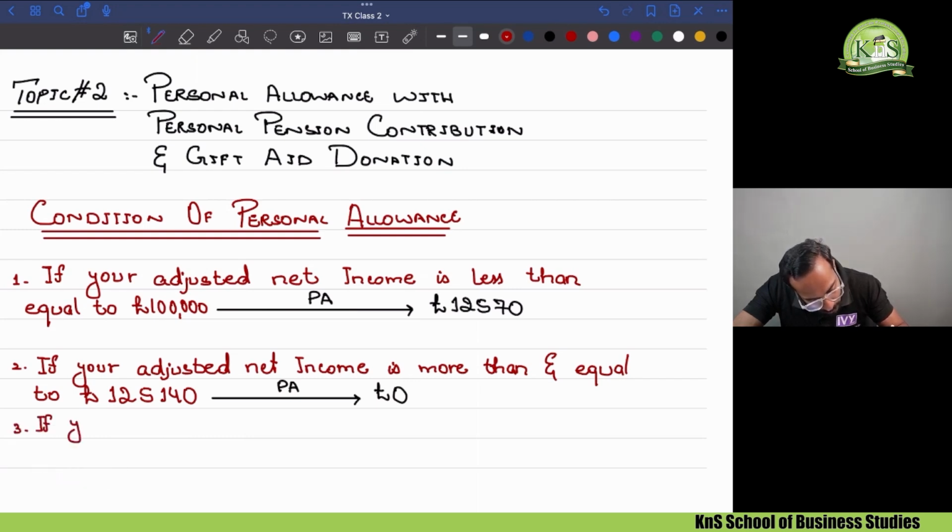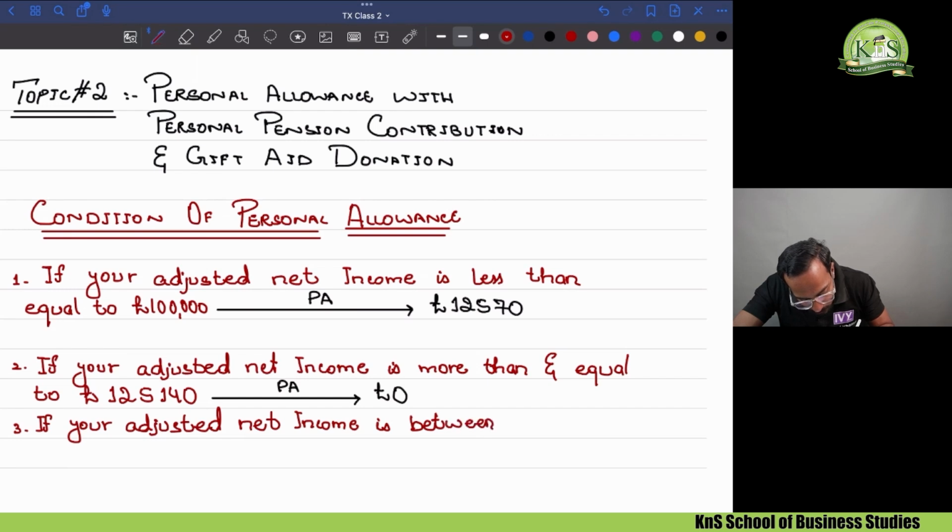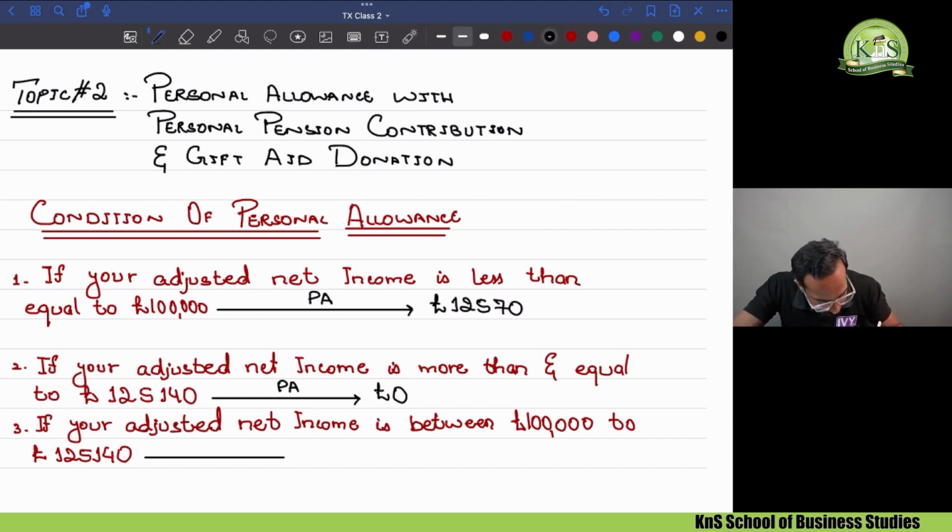The last point: if your adjusted net income is between 1 lakh and 125,140, your personal allowance amount has to be calculated.